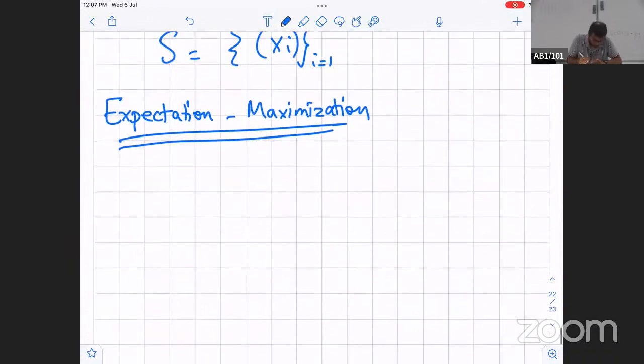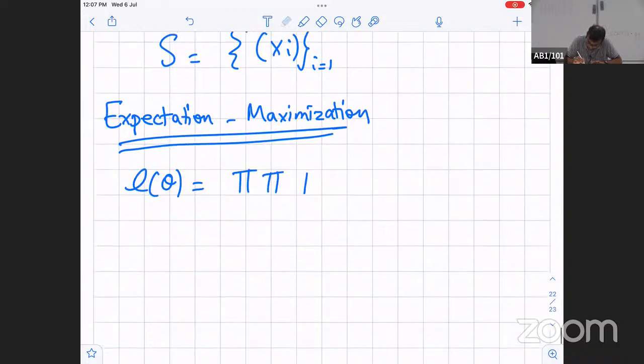So let's say we want to do this. You will take the likelihood. The likelihood is going to be the product of the probability of seeing the xi point given theta, right?